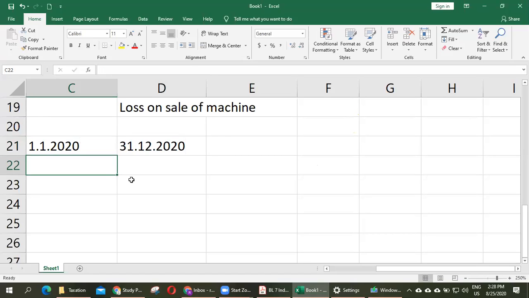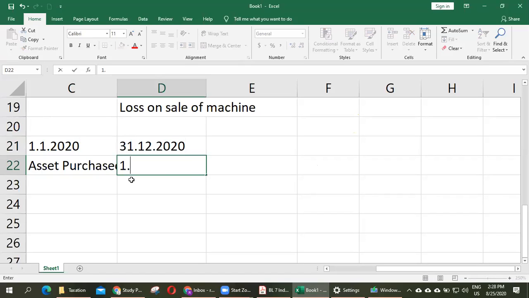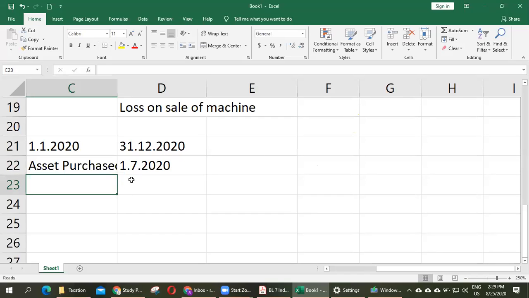If the asset is purchased on 1st of July 2020, then for how many months will we charge depreciation for the asset? Say the value of the asset is 1 million.